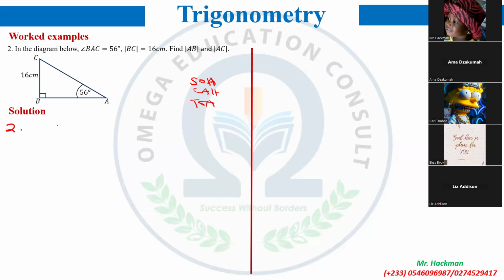To guide you, you are looking for what side? If you look at this angle here, it is the adjacent. And what are you given? The side here: is it the opposite, the adjacent or the hypotenuse?